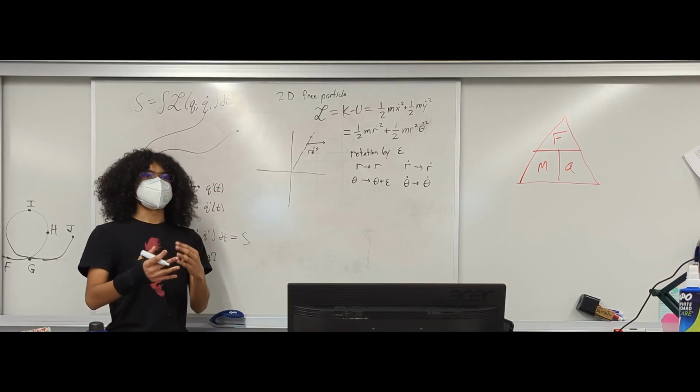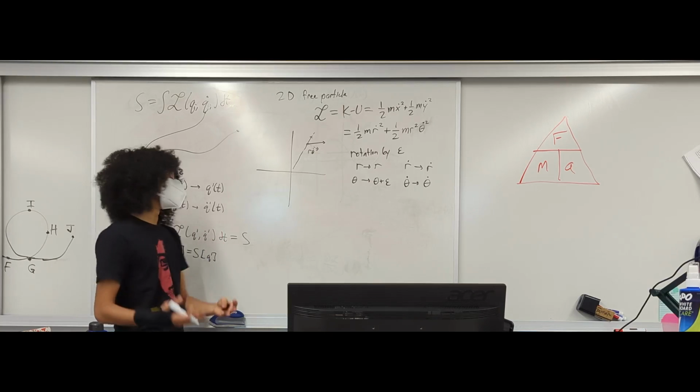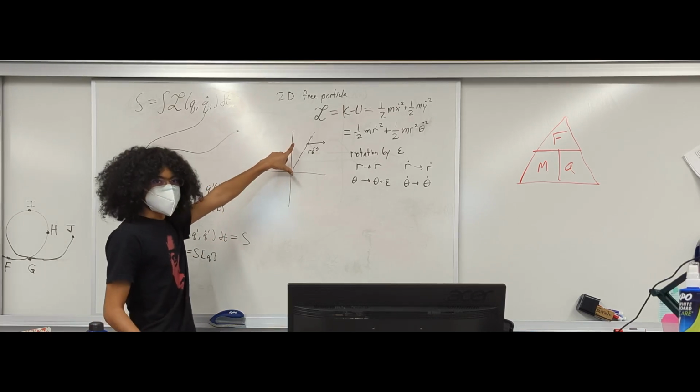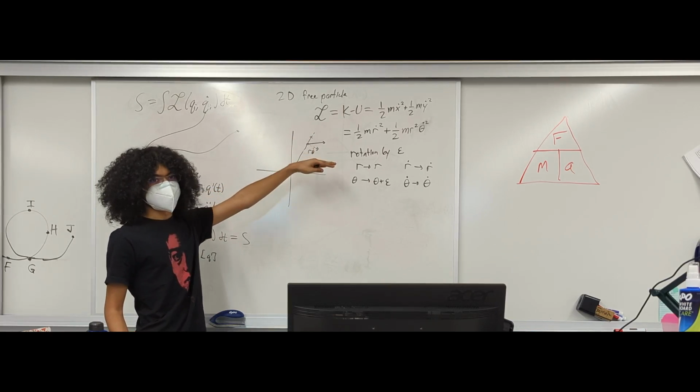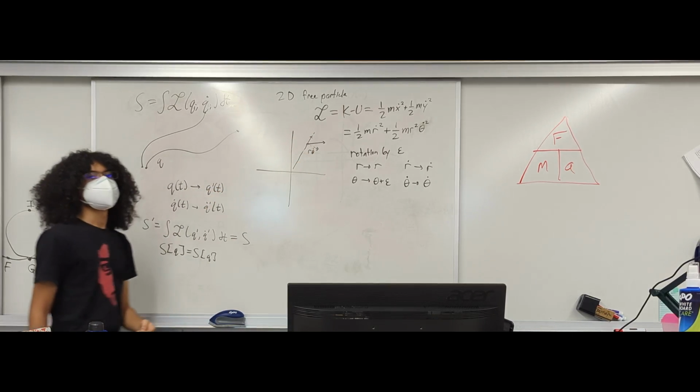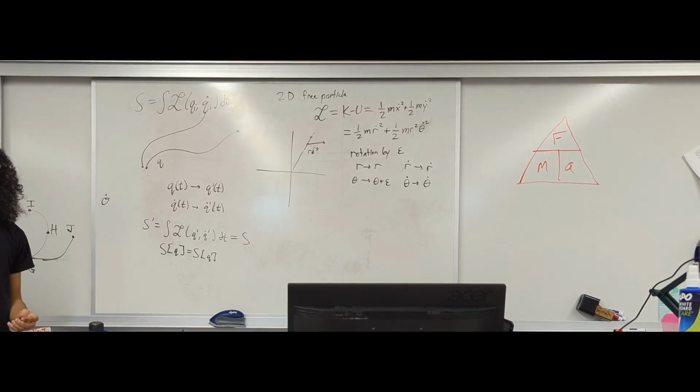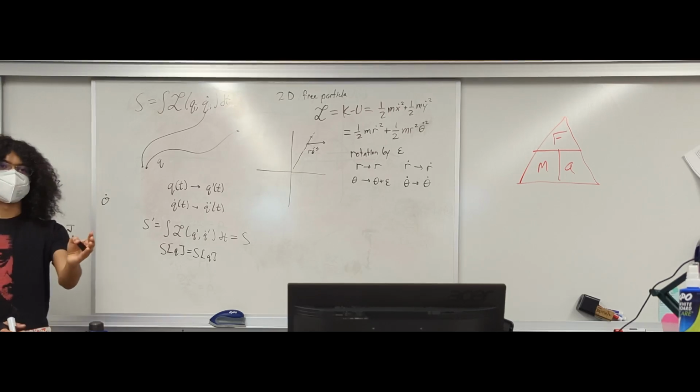That's the idea of having the time derivative of it. And then when we rotate its position, we also rotate its velocity. So you can kind of think of it in a sort of inverse way, that instead of rotating the particle, you rotate the other way. You would see the velocity rotate.